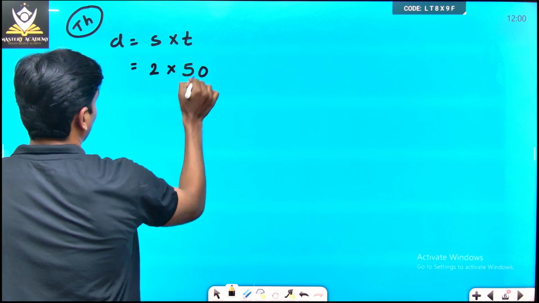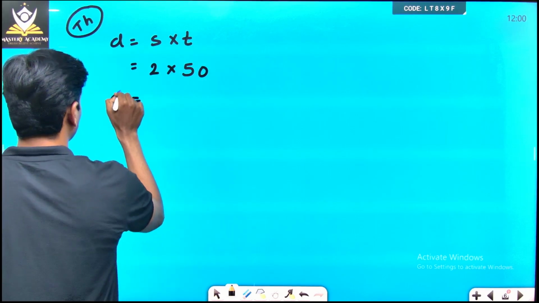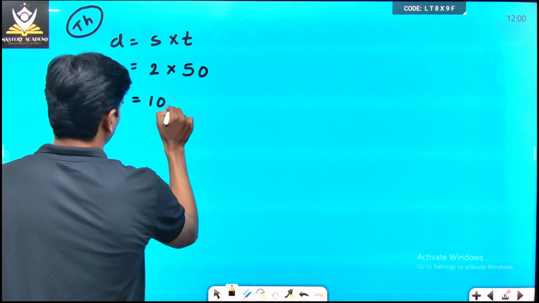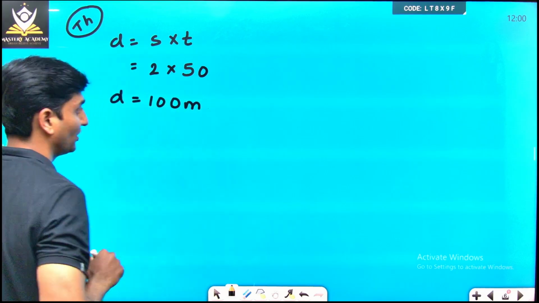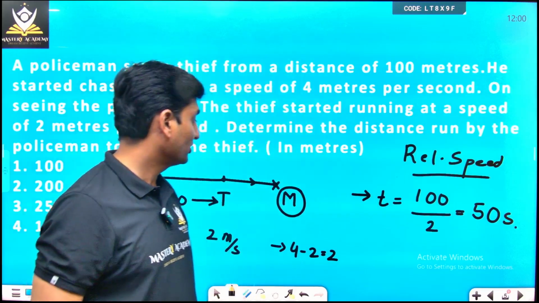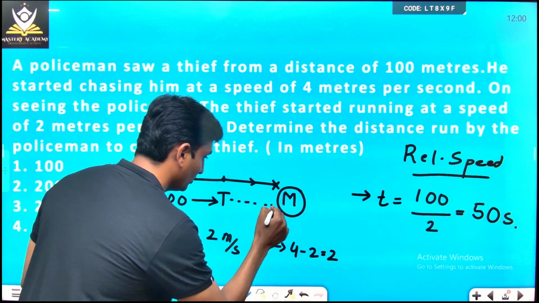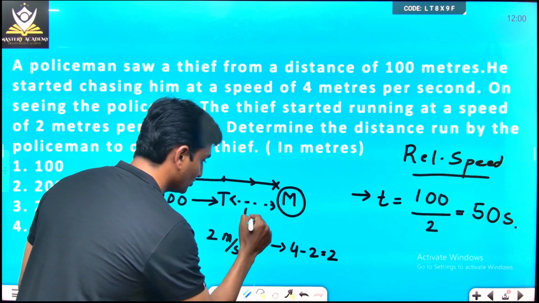Time is 50 seconds, which we calculated on the basis of relative speed. So the distance the thief covers is 100 meters. The thief runs 100 meters before getting caught by the policeman at this point. So this distance once again is 100 meters according to our calculations.